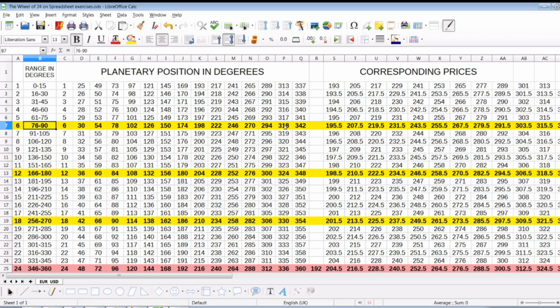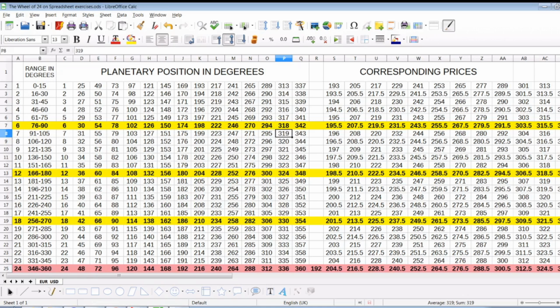And if the value of the share reaches this point and comes back, it means that this 90 degree on the wheel, which corresponds to these values, is a resistance point. If it passes through, it means that this resistance at 90 degree is broken.